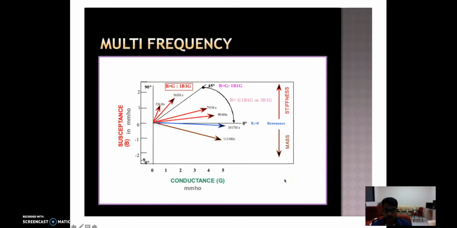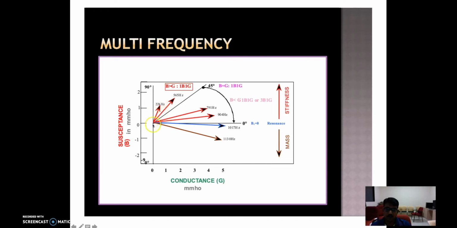This picture is explaining what happens to the stiffness dominant total reactance as we change the frequency. This could happen due to a middle ear pathology, or could be happening because you increase the probe tone voluntarily. As in the example I quoted earlier, at 226 hertz there is no doubt that the total admittance flows very close to the stiffness axis.